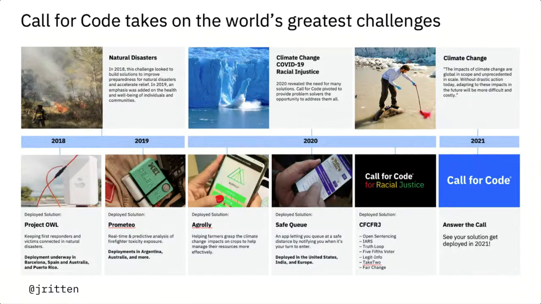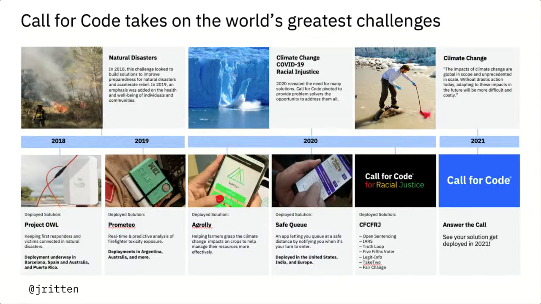We have a deployed solution, Prometeo. Here is an example of the architecture. These are all Call for Code solutions that not only won the $200,000 prize, they have also been working with IBM Call for Code teams to implement their solutions.